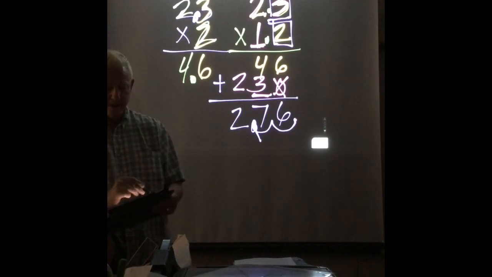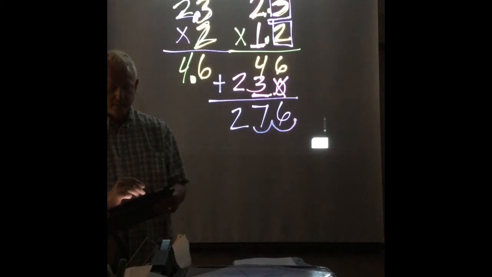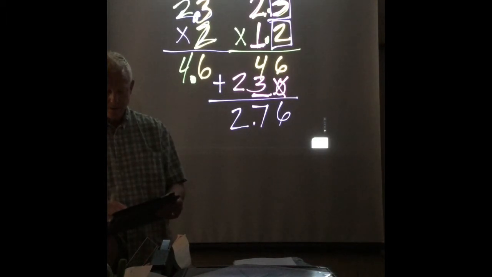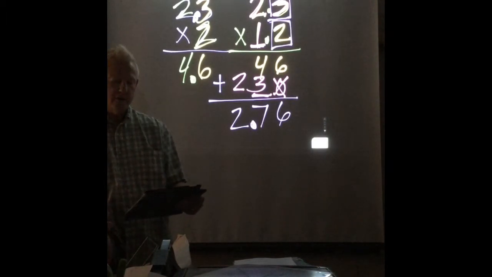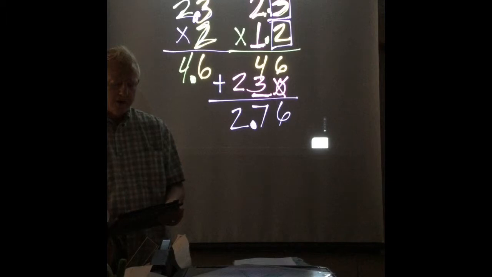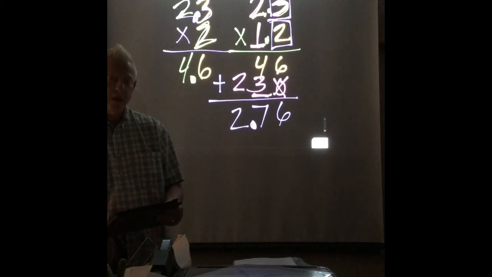Now let me take that off so that I now have shown you how to do that, right? So I'm just going to put the decimal right there. So it's 2.76. That's how easy decimals are. So if you know how to multiply multiple digit numbers, you will be fine with decimals.